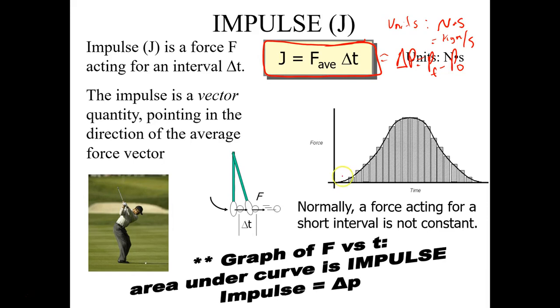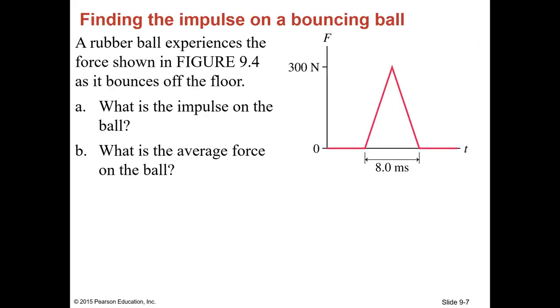The way that we can actually find out impulse also is if we have a force versus time graph, so force on the y-axis and time on the x-axis, the area underneath our curve is actually going to be equal to our impulse, which also, as I mentioned earlier, is equal to our change in momentum. So the area under a force versus time graph is going to be the impulse.